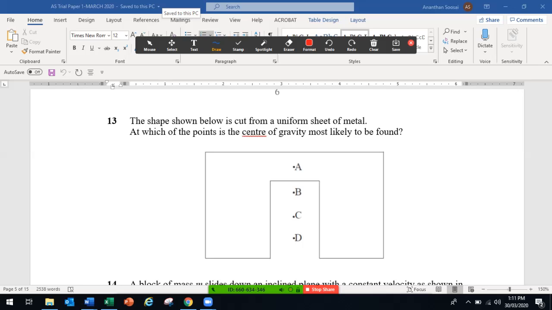So A. Here it is evenly distributed, up, down, nothing.